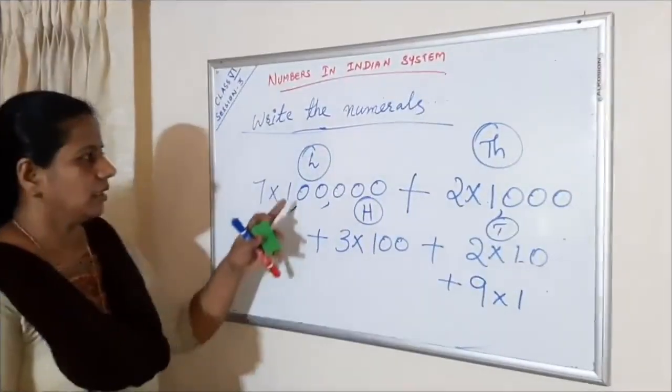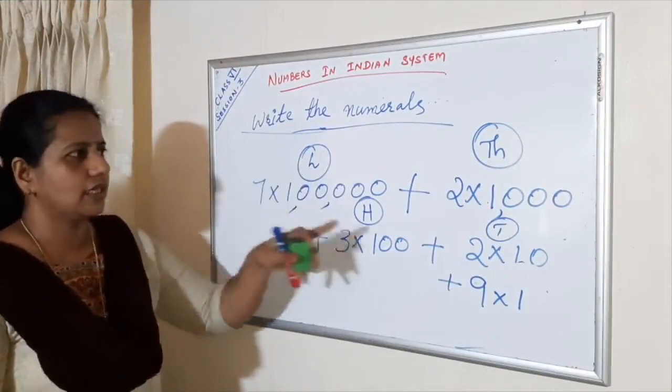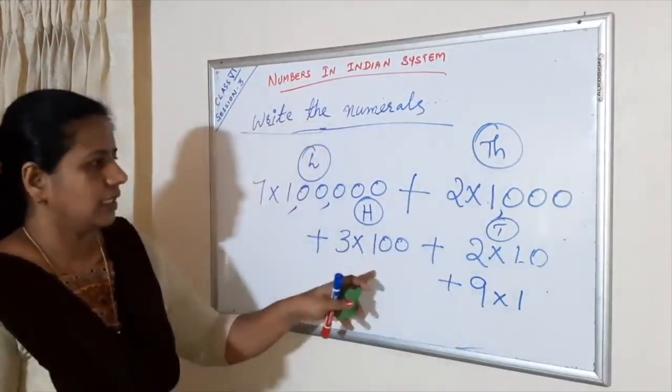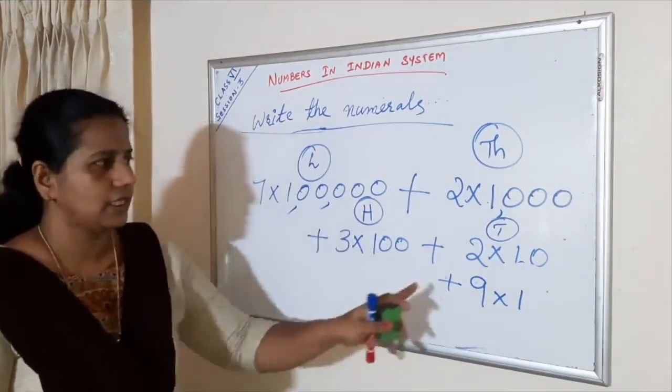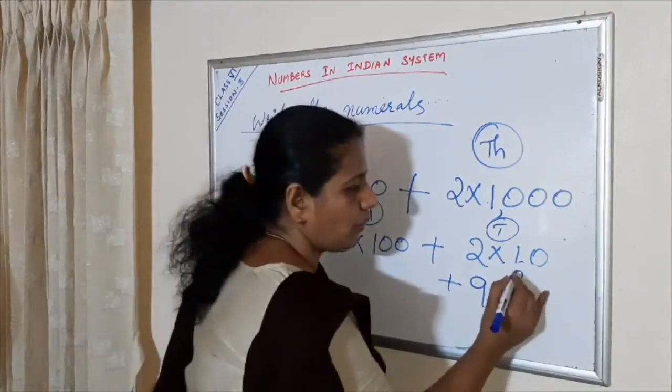That is 7 into lakh, 2 into thousand, 3 into hundred, 2 into 10 and 9 into 1s.